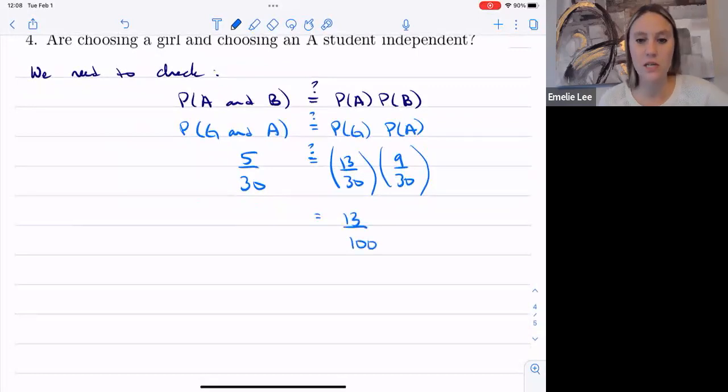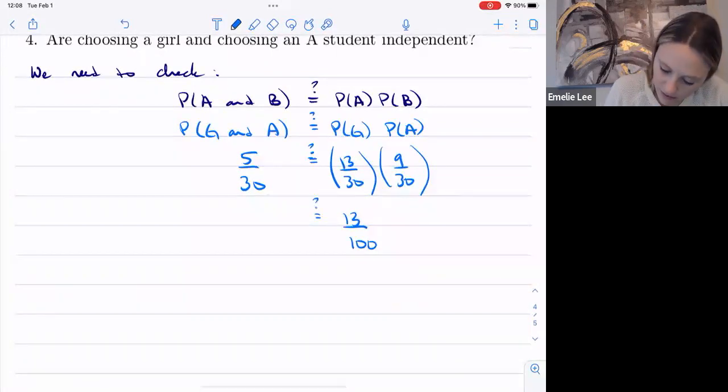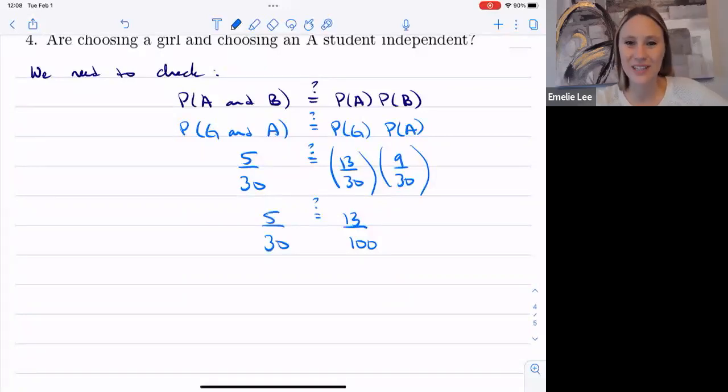So it's reduced it. Is that equal to 5 over 30? It doesn't look like it, just because 13 over 100 is reduced.